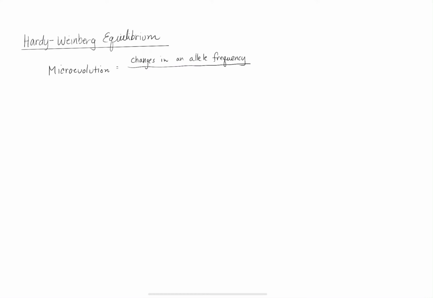So let's just make it like this to keep it simple. So changes in an allele frequency over time. And this could be at a particular locus or across many loci. Of course, in reality, it happens across a multitude of loci, which then culminate in the phenotypic changes that you see. But just to be a little bit more specific, let's just say an allele frequency to focus on one locus at a time. So that's microevolution.